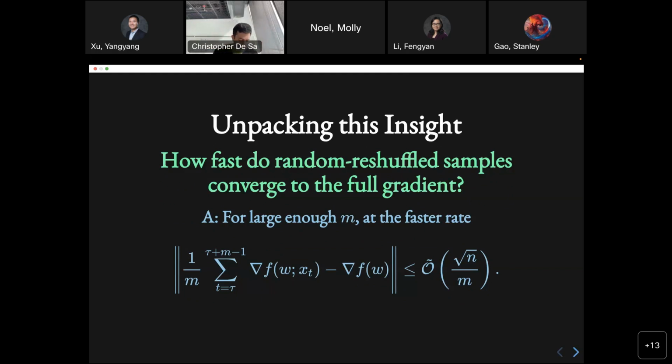You might think this requires some complicated proof, but it's actually very intuitive if you think about what happens as m becomes larger than n.